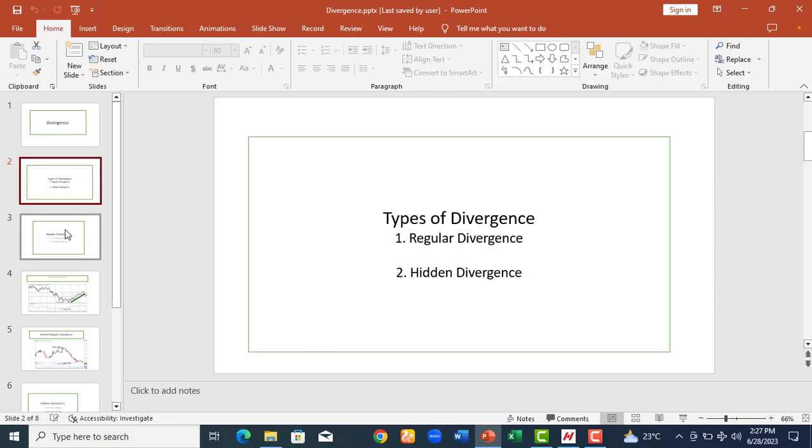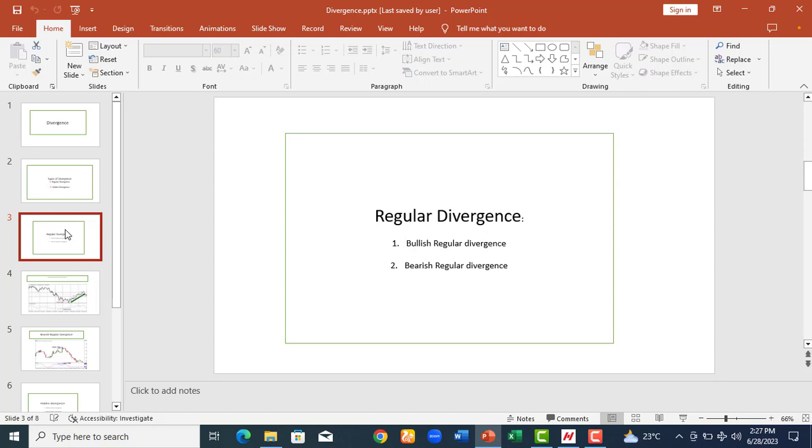Now we move to the regular divergence. There are two types of regular divergence: the bullish regular divergence and the bearish regular divergence. Just like your normal chart patterns, under the reversal patterns we have bullish reversal and bearish reversal.